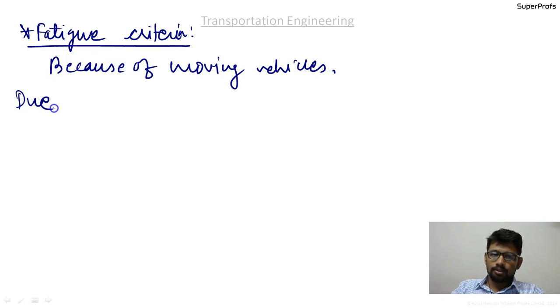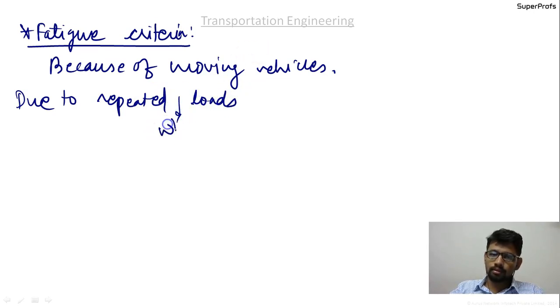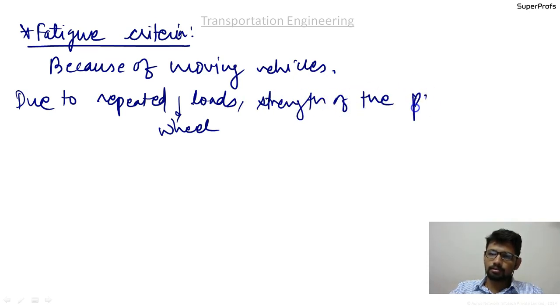Please write down that due to repeated wheel loads, the strength of the pavement reduces.